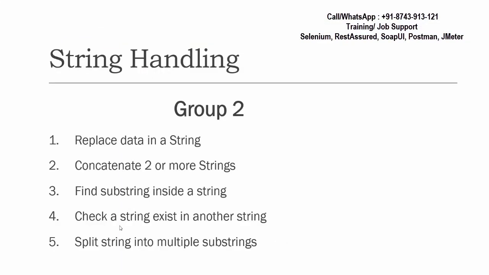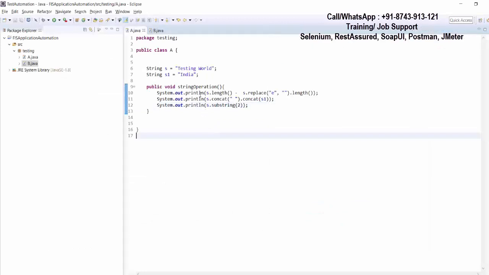Next is check a string exists in another string. Okay, so if I say testing word, I want to check in this, are we getting ing? We can check it like how? I would say if s.contains. So contains is going to check that exist or not. So I'm saying ing.